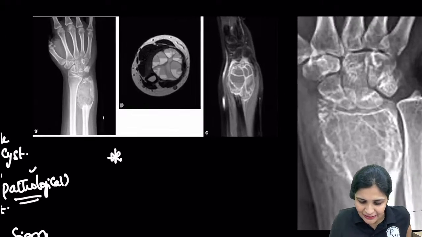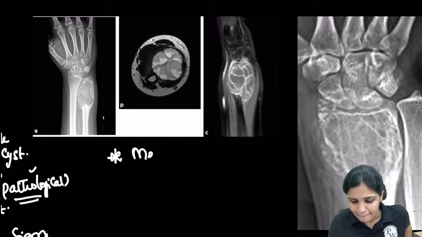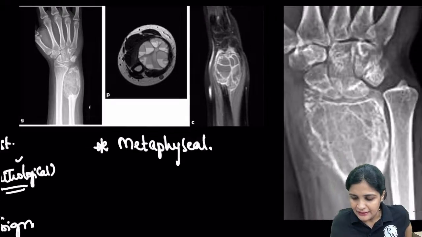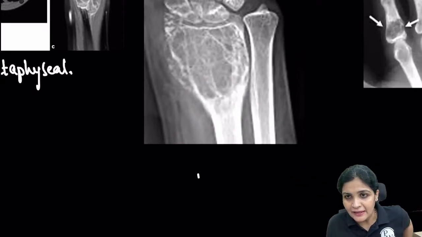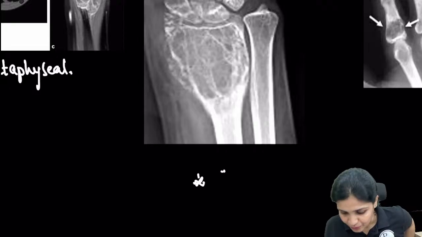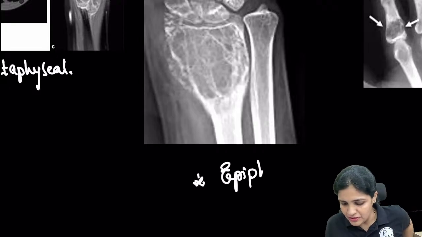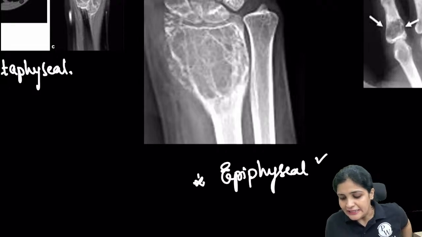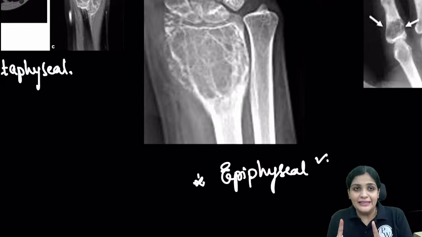So if you see here, the tumor is in the metaphyseal region, right? And here, it is in the epiphyseal region. So this is how you have to be very careful in the exam, right?